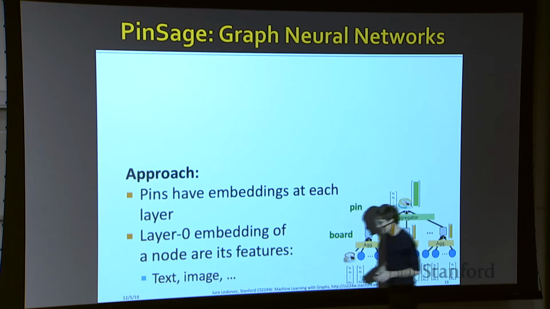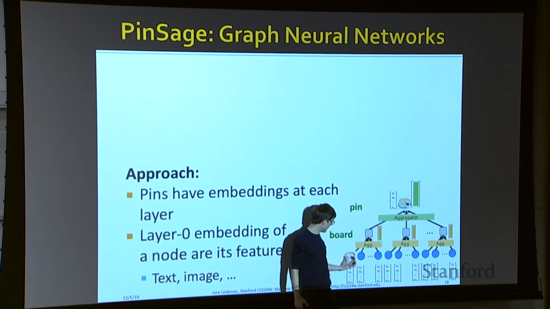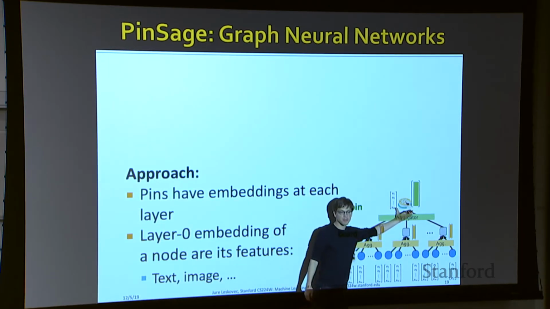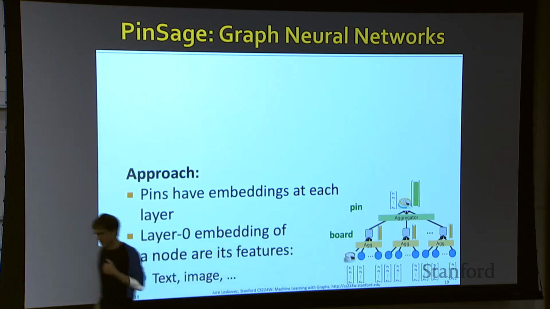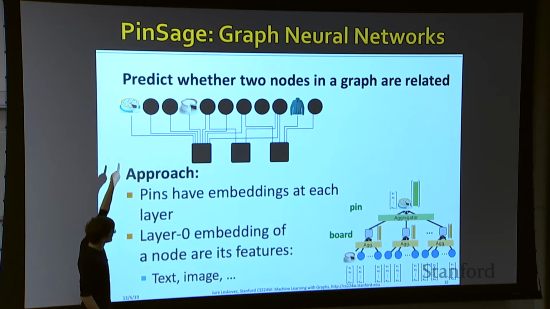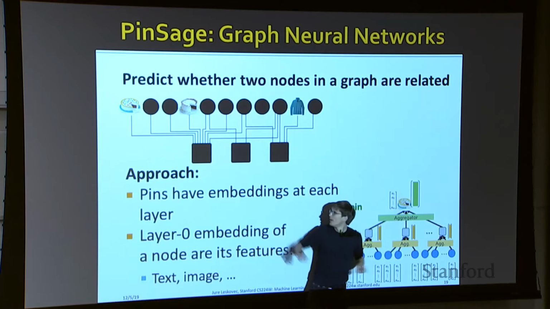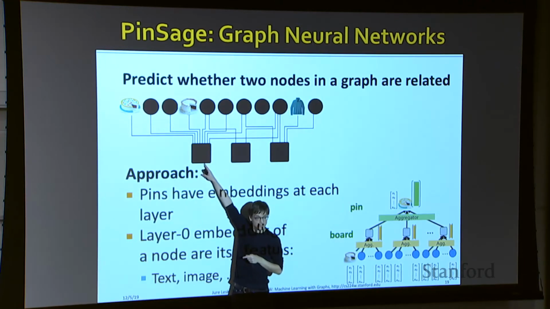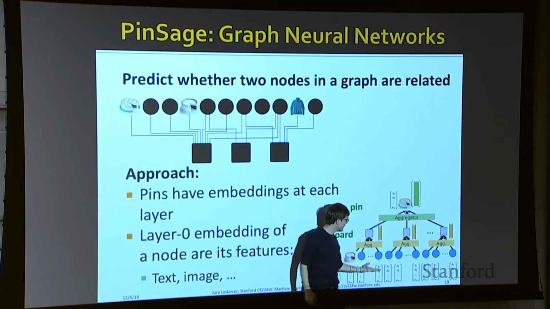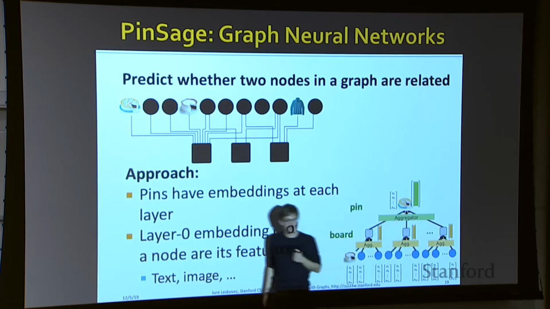And the point is that this will be better than just embedding the pin directly, because I'll be able to reuse the information from the neighbors in the network to come up with a better representation of a given pin. That's essentially the idea, right? So if I want to create the embedding for that little cake, I will also look at what other cakes are pinned to the same boards as my cake, and I will use their features and learn how to propagate and aggregate them to come up with the embedding of the cake, right?